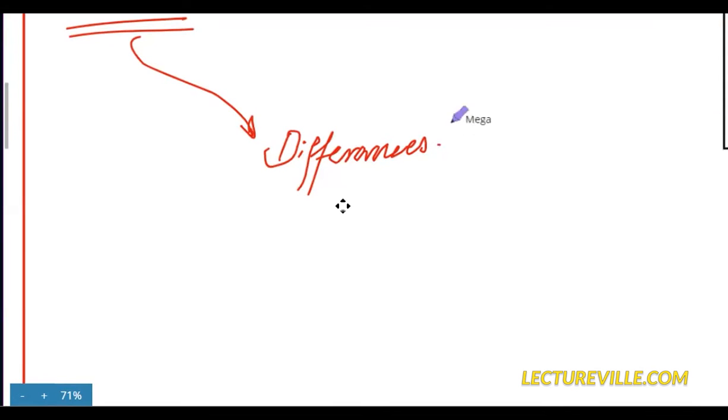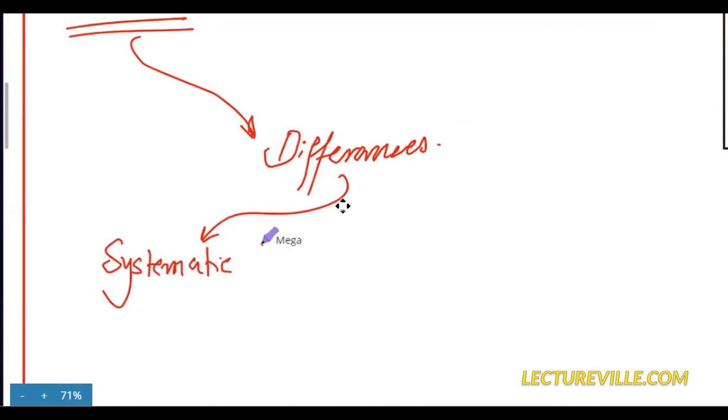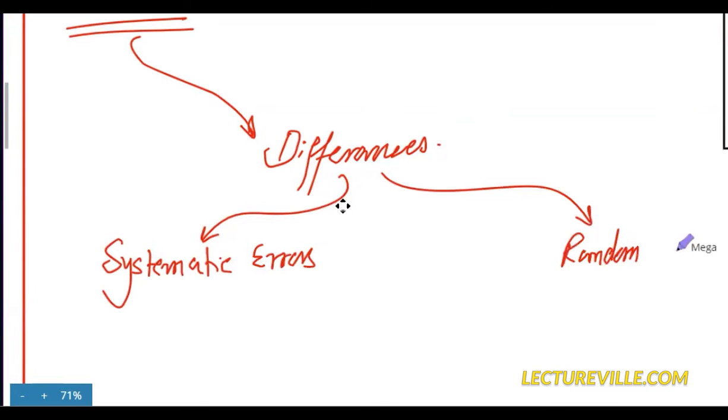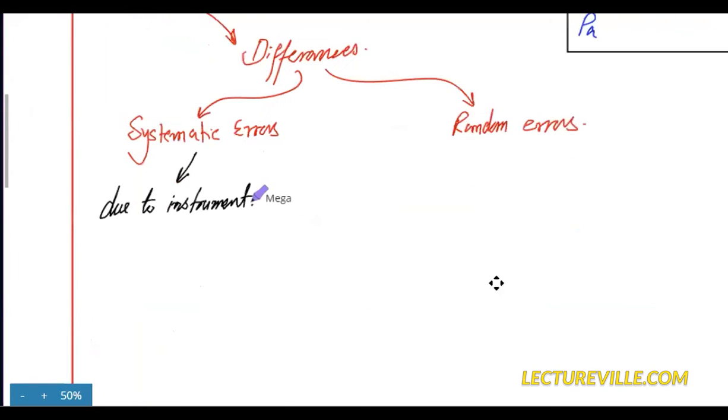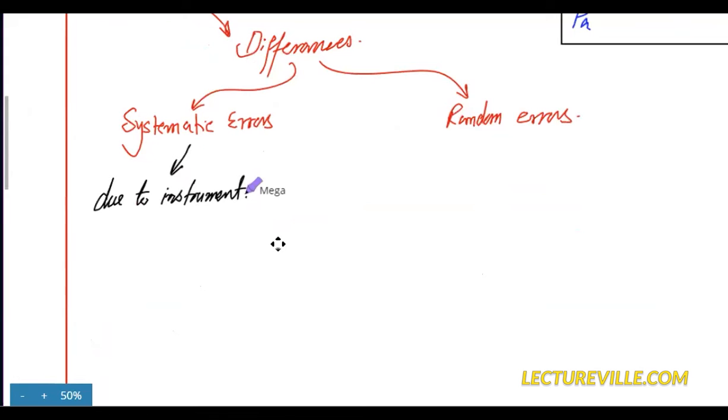So errors can be divided into systematic errors and random errors. Systematic errors are due to instrument. If there is some problem in the instrument, it will cause systematic error.